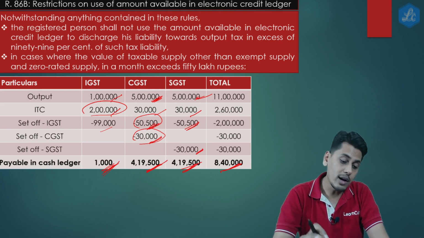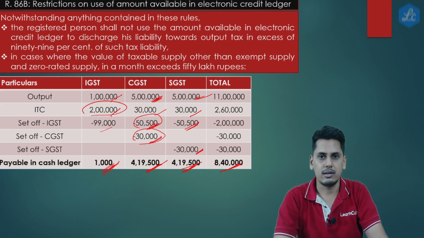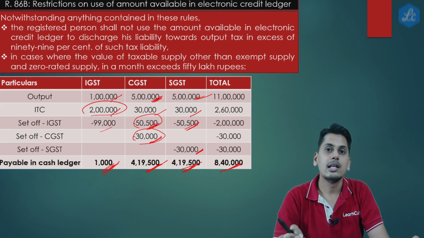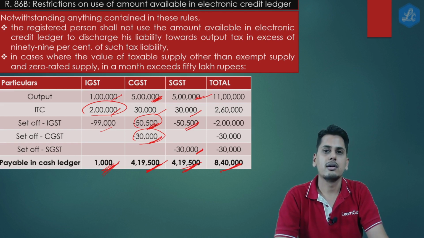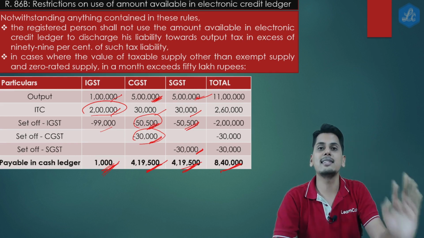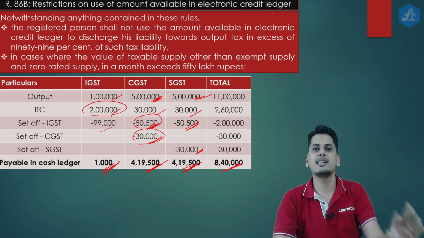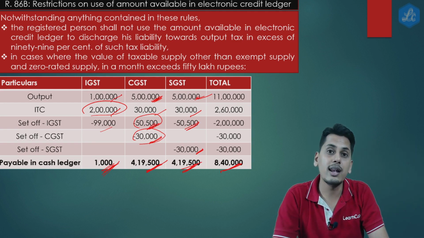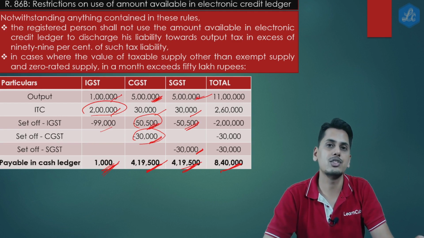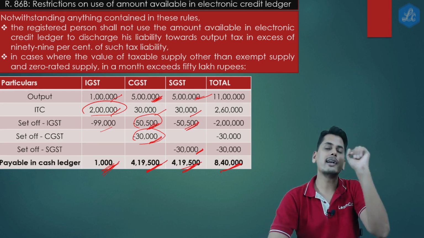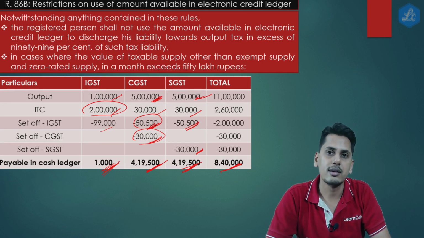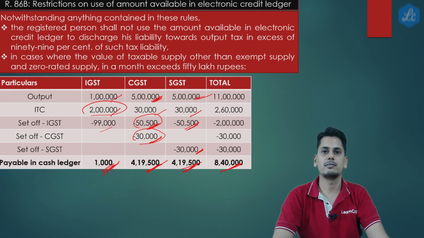But what you have done is, without exhausting your IGST liability using the IGST credit, you have gone and utilized it against CGST and SGST liability. You have violated 86B. I will cancel your registration.